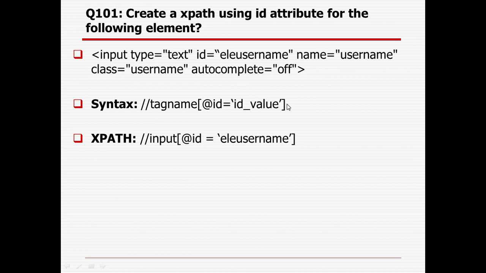In case you are not sure about the tag name, you can give a star mark after the double slash. So here the tag name is input and the ID value is ele username. That's how you can create an XPath in case the ID and tag name are there, and obviously the ID should be unique for that element.